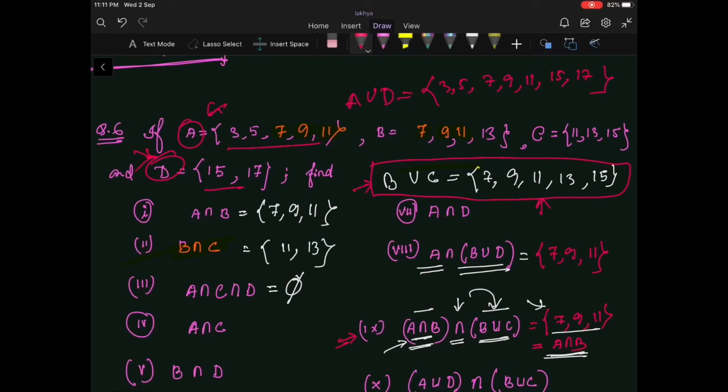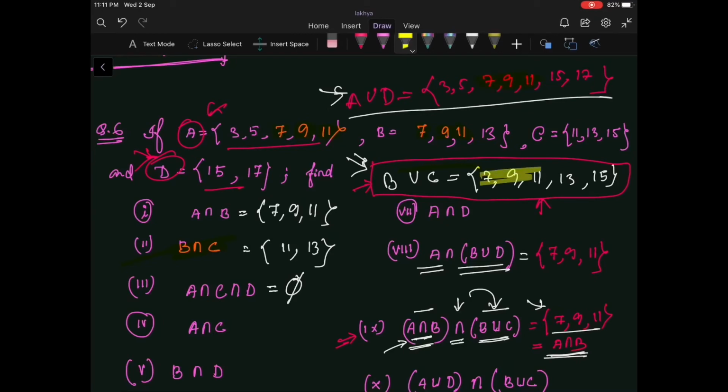Okay, so now what we are going to find? Intersection of this set and B union C. So how to find the intersection? We have to write the set containing common elements in these two sets. So how to find the common elements? Here you can see 7, 9, and 11.